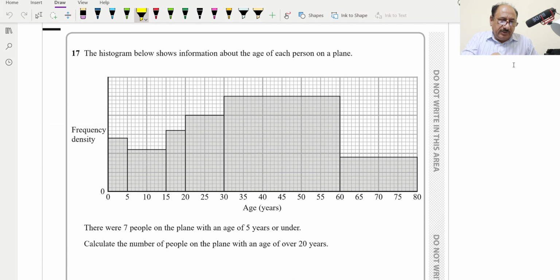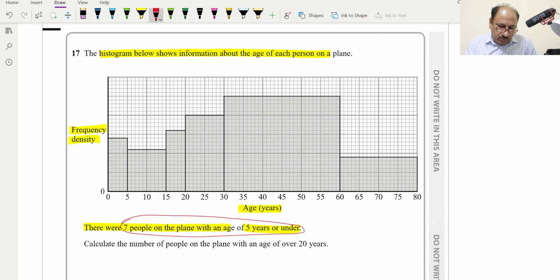Question number 17. The histogram below shows information about the age of each person on a plane. This side is frequency density and this side is age in years. There are 7 people on the plane with the age 5 years or under. So this is the information which is provided to us, which we will be utilizing to check for value for each bar.